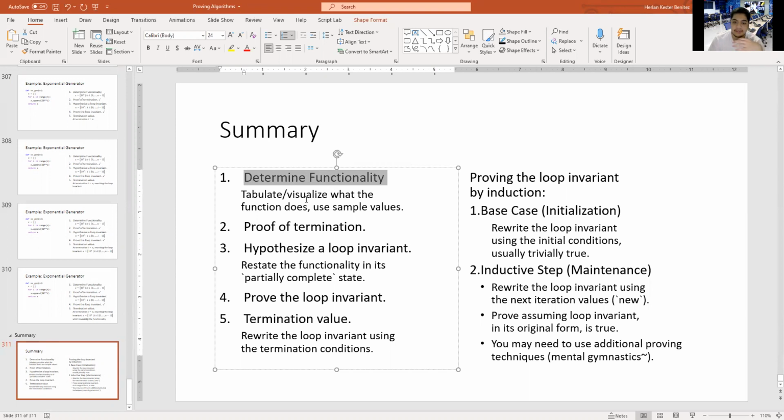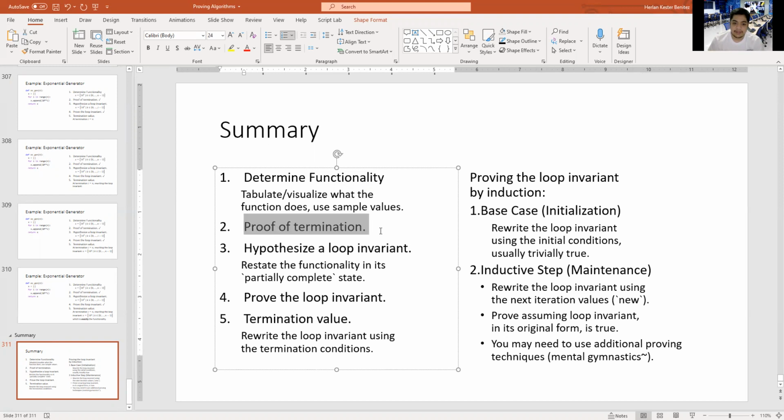So, parang may check and balance naman siya. To determine the functionality, usually i-tabulate mo or visualize ano yung ginagawa ng function. And then, you use sample values to basically see anong ginagawa ng function. So, dun yung sa functionality.